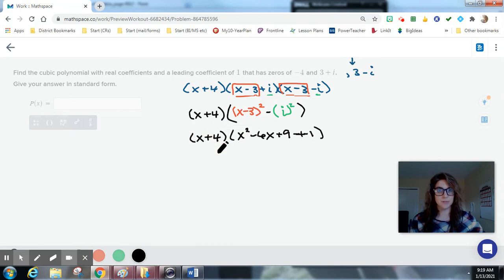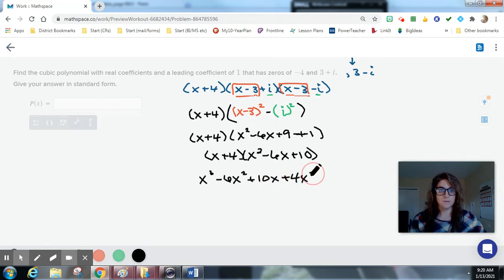Bring down your +4. And then it's just a matter of multiplying out this cleaned up polynomial here. Again, we'll distribute. We get x cubed minus 6x squared plus 10x. Then you do the 4x squared minus 24x plus 40.